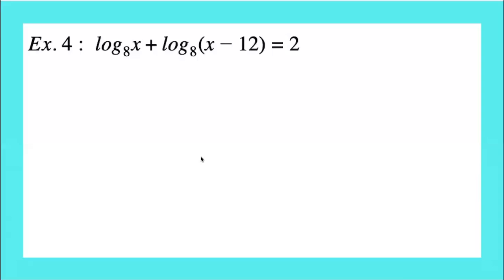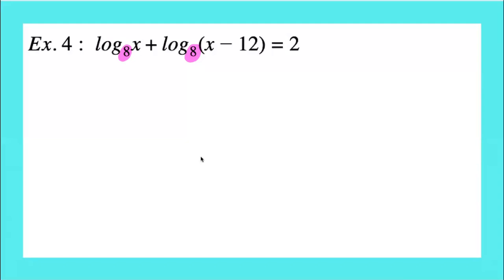All right, that's a good start. Same base is important. What else? What might be similar or what's different from what we've seen? You're adding the x and the x minus 12. Yeah, you're adding those two different logs, right? Yeah. So in all the other questions that we've seen, we've only seen one log. And now, out of nowhere, we're seeing a situation where there's more than one log, okay?